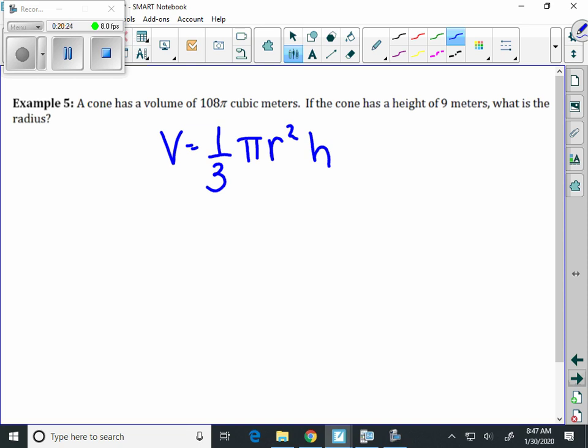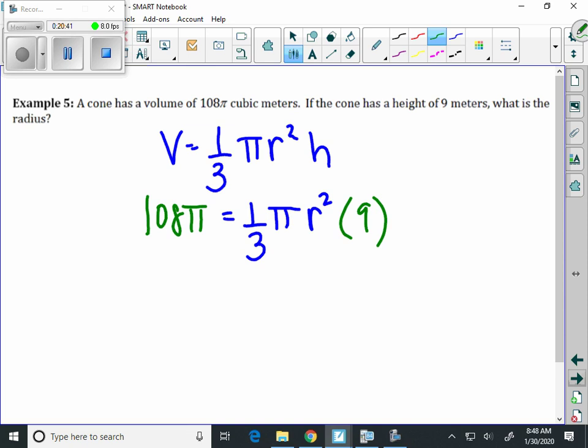Once again, the cone has a volume of 108 pi. And the 1/3's not going to change. The pi's not going to change. We don't know r squared, but we do know that the height is 9.